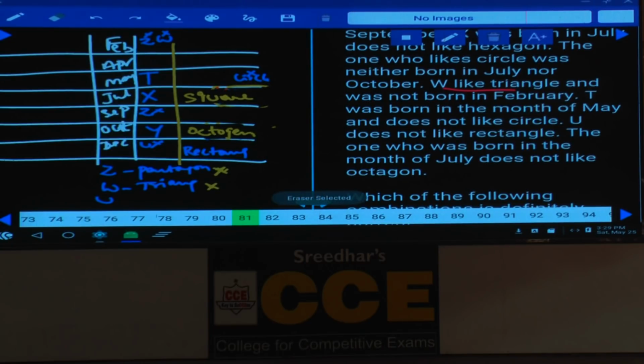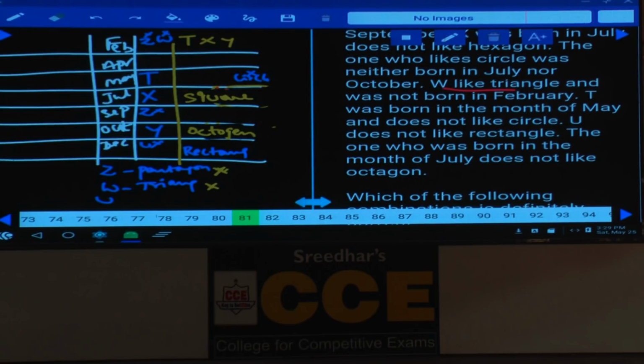Rectangle, octagon, square were done. Then now Z and pentagon. Now say here Z and W cannot be here. Now we are talking about Feb. In Feb, Z and W cannot be, T cannot be, X cannot be, and Y cannot be, isn't it? Then tell me what is the only possibility we have?